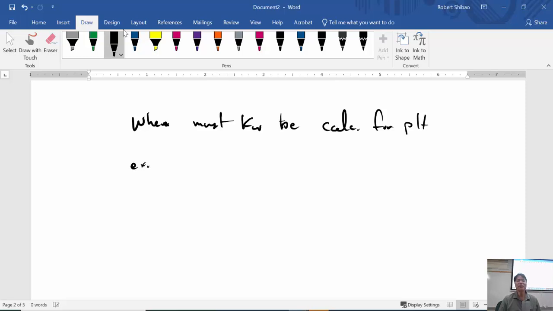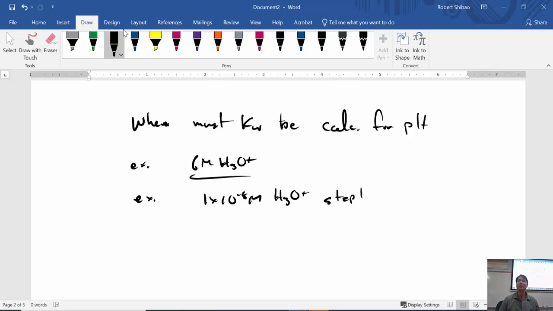So an example is if we had 6 molar hydronium, do you think Kw is going to contribute anything to that? No. If we have 1 times 10 to the minus 8 molar hydronium, this is step 1, is Kw going to be significant?